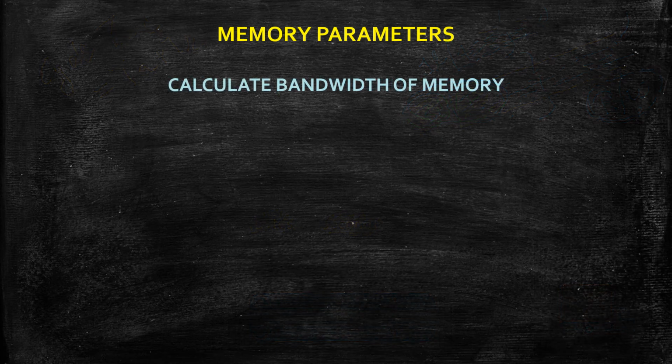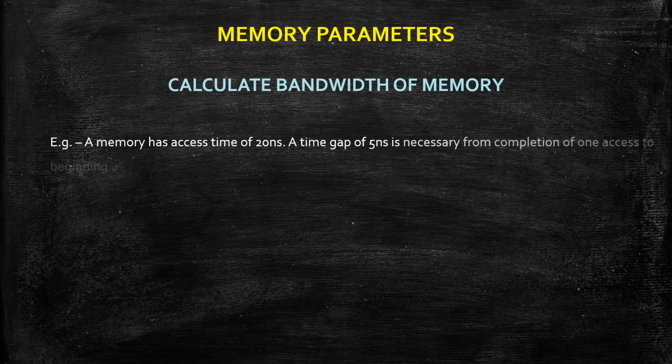Okay, now let's understand how to calculate the bandwidth of the memory. So here we have an example that a memory has an access time of 20 nanoseconds. Then a time gap of 5 nanoseconds is necessary from completion of one access to the beginning of the next access. This is the recovery time, right? And from that we have to calculate the bandwidth.